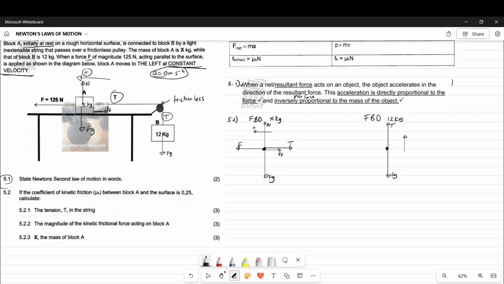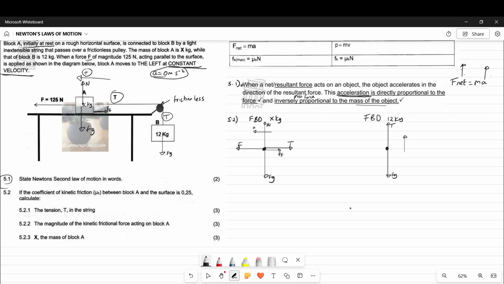So the formula comes down to Fnet is equal to ma, right? The acceleration is directly proportional to the force. So if the force increases, the acceleration also increases, because they're directly proportional. The acceleration is also inversely proportional to the mass.